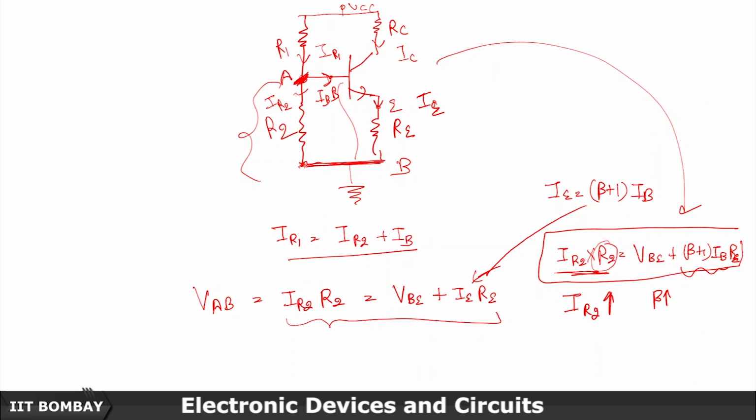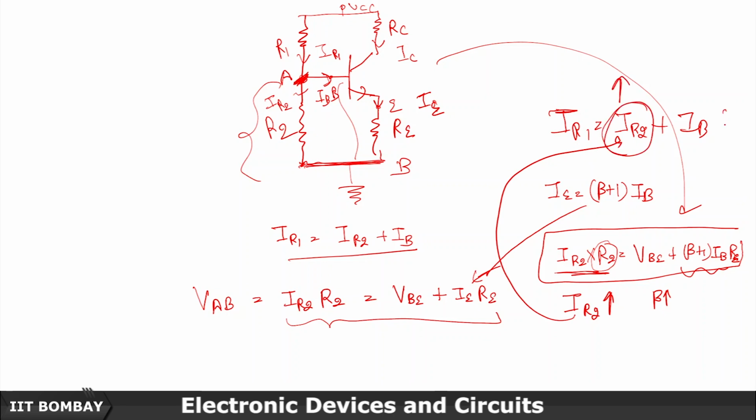IR2 will increase, but we know that IR1 is equal to IR2 plus IB. So, if IR2 is increasing, IB has to go down. If IB goes down, then even if beta is increasing, overall this term will go down. So, this loop basically helps to keep the impact of beta in control.